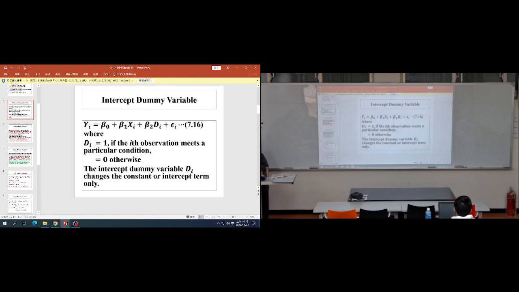Here. Well, I don't have it. Okay. We call this D the intercept dummy variable. Why do we call that intercept dummy variable? Well, remember that?